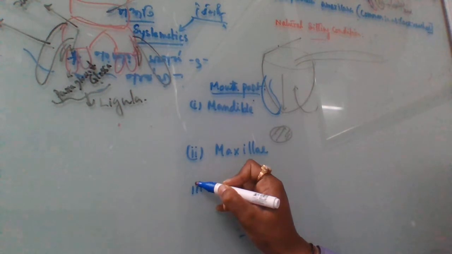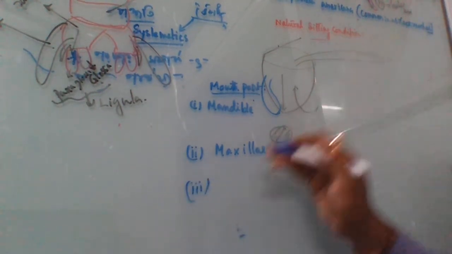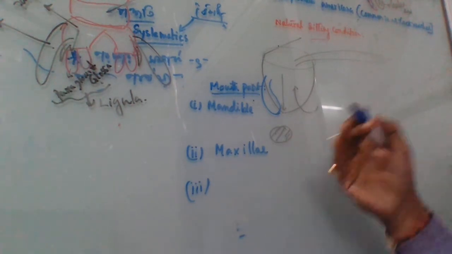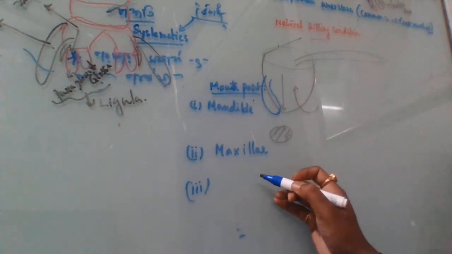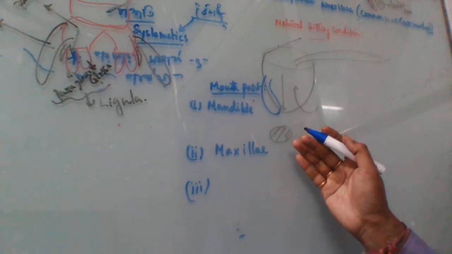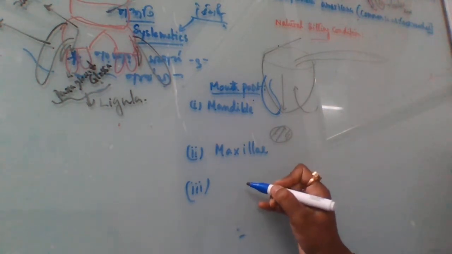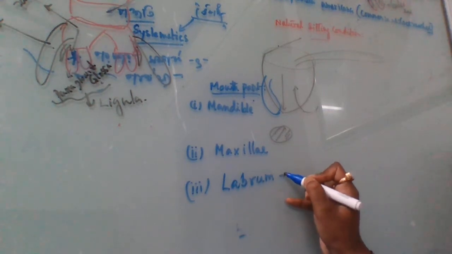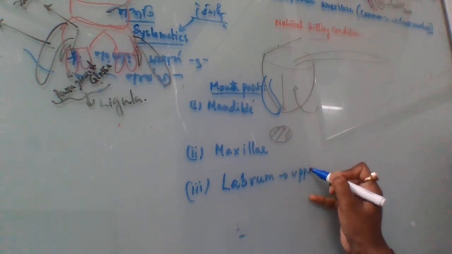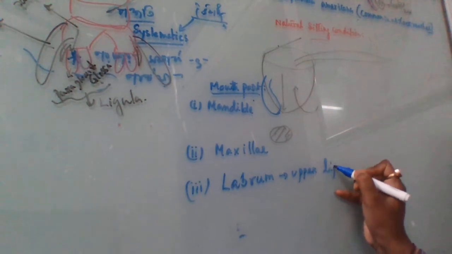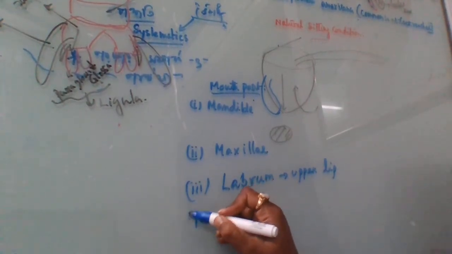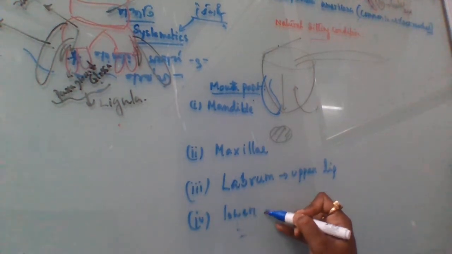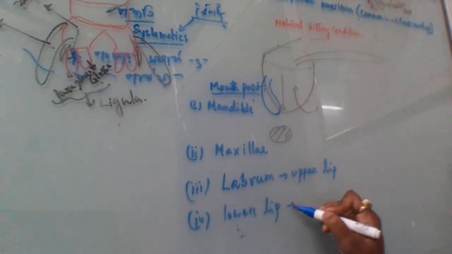Then the third one, the upper one, is the labrum, which you can say is the upper lip. And the fourth one is the lower lip, that is labium.